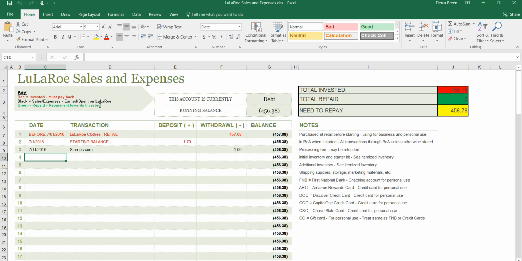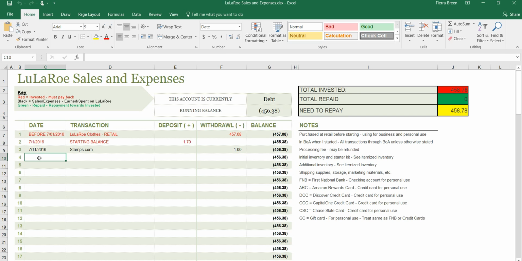If a transaction shows up in green, that means it's money that I have taken from my LuLaRoe account and transferred into my First National Bank account to repay myself for my investments. So, for example, let's say I did a pop-up sale and made $700, and I decide to take $500 of that to pay myself back for my initial investment.